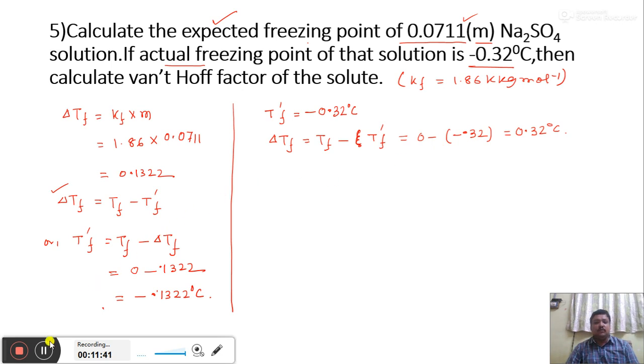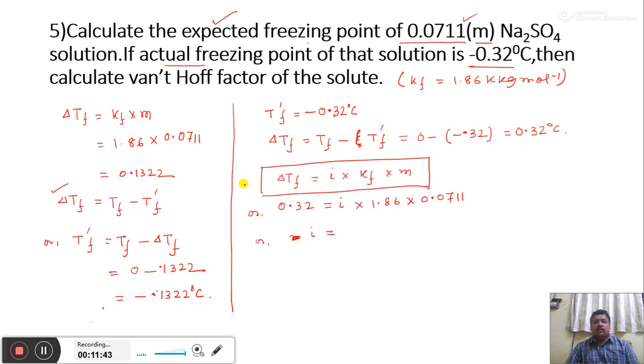Now we know del TF is i into Kf into m. Putting the values of del TF, Kf and m, we get the value of i is equal to 2.42, which is the Van't Hoff factor of that solution.